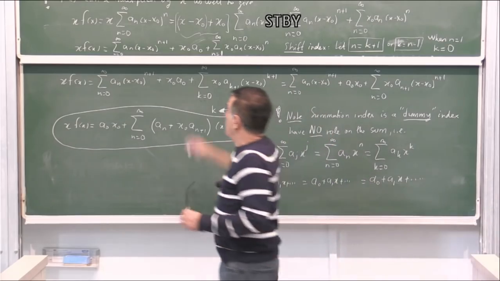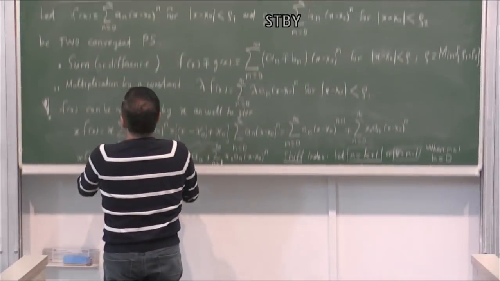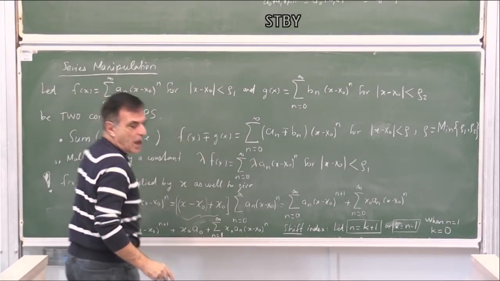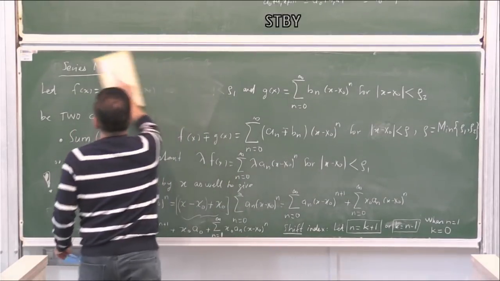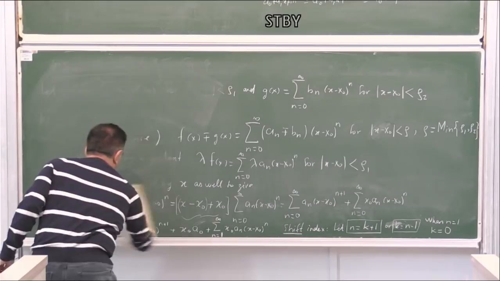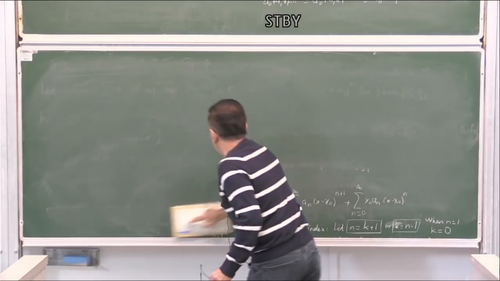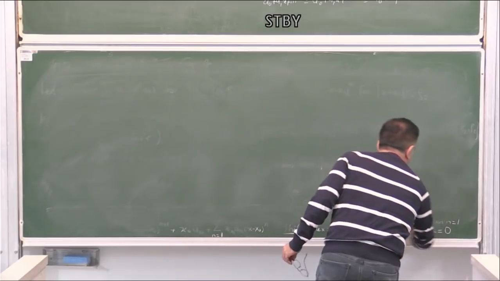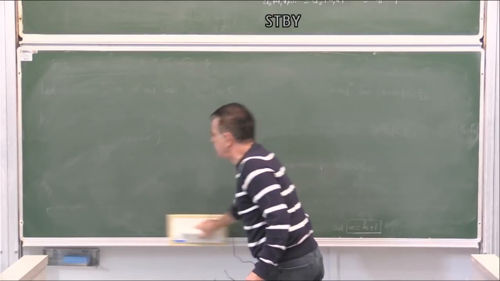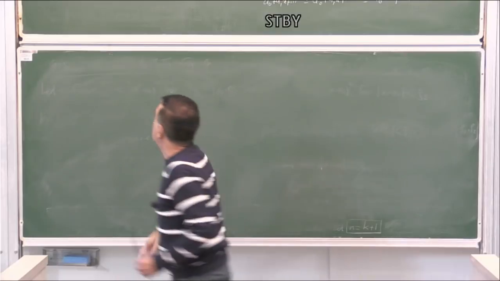Now, it is possible to consider the product of two power series. I'm not going into the details, but the product of two power series is a new power series.